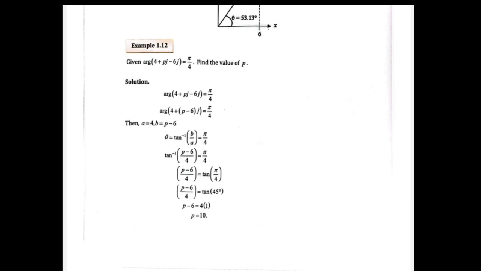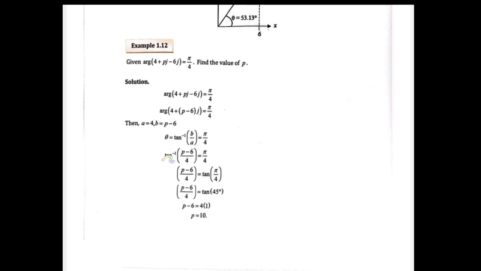Okay, so using the arctan formula, b over a equal to pi over 4, right, you substitute b as minus 6, this b minus 6 for b over a. And then this is a bit of properties that you might need to refresh a bit later.